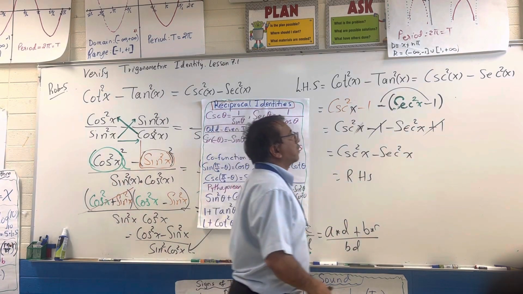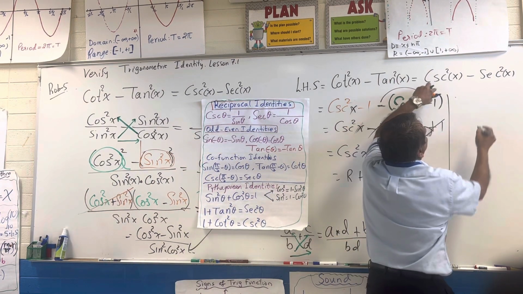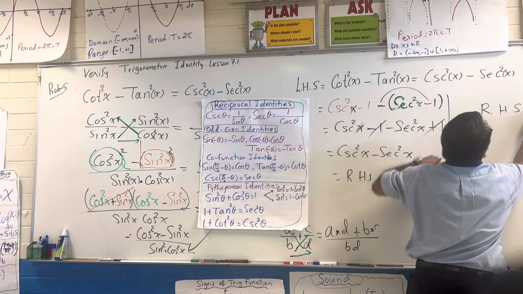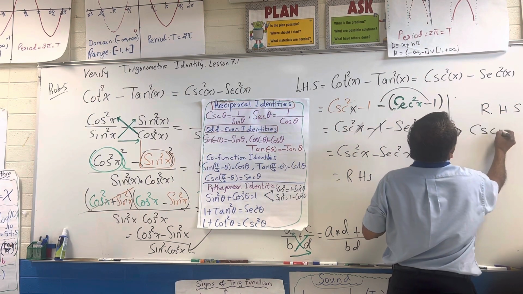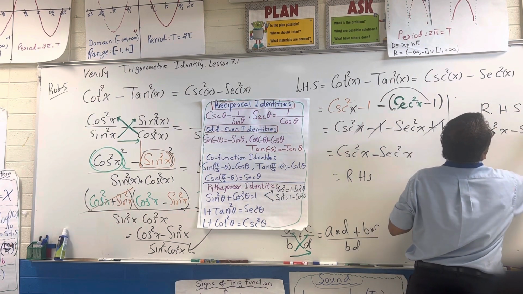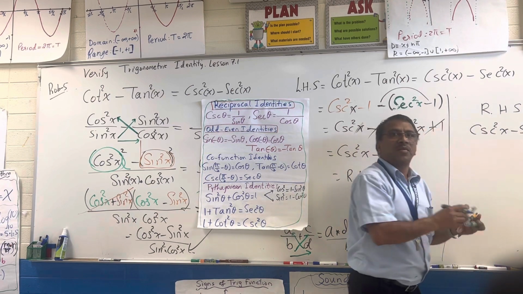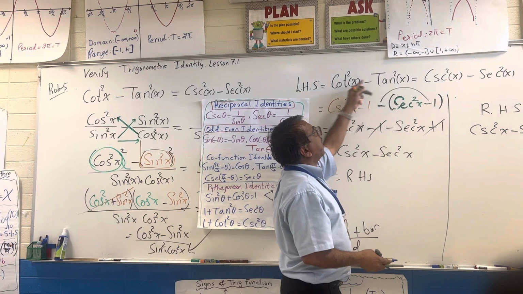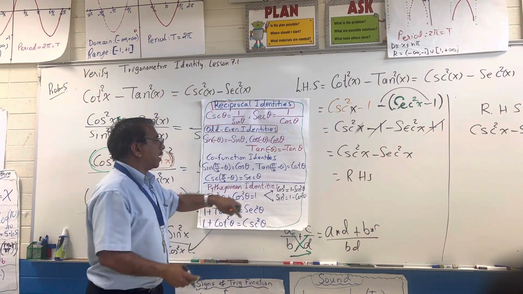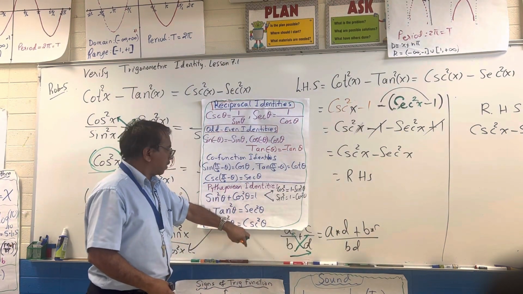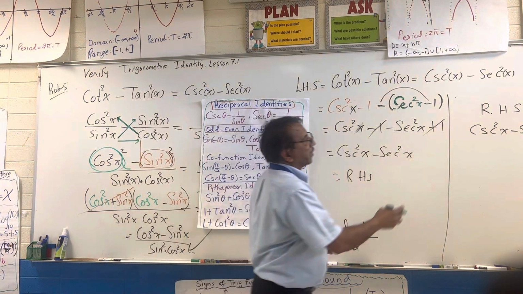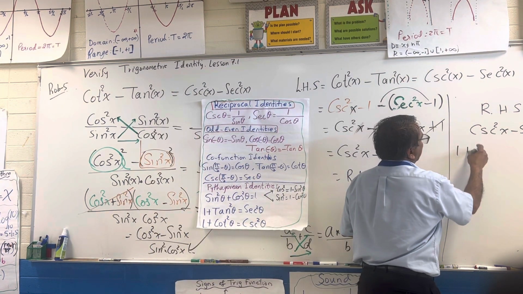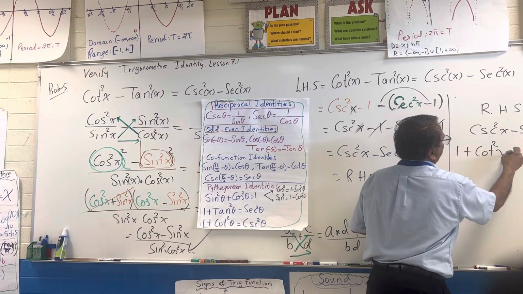But the question is, what if you want to begin with the right hand side? So if I start with only the right hand side, then you have to change cosecant square, because you want to get in the form of tan part, so we can write directly secant square, and cosecant square can be replaced. So cosecant square is 1 plus cotangent square.